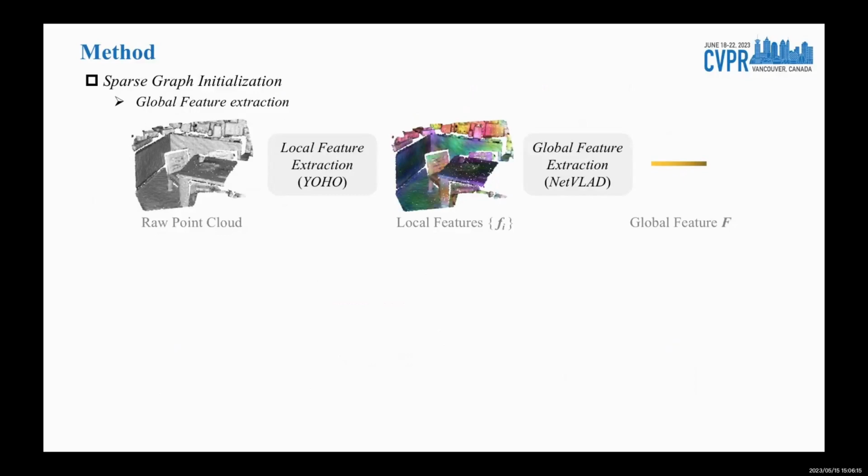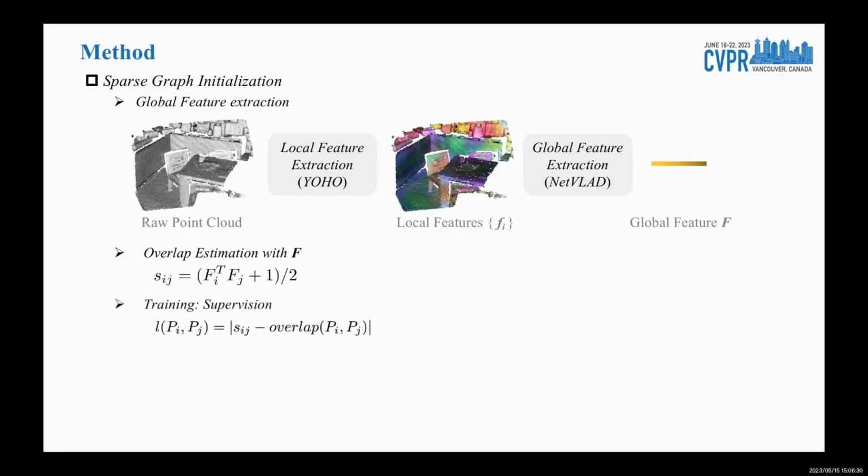Here, we choose to use YOHO as the local feature, which can be further used for pairwise registration. Subsequently, we can efficiently estimate the overlap between any 2 point clouds by correlating their global features, and supervise the consistency between estimated and ground truth overlap during training to enhance the global feature extractor.